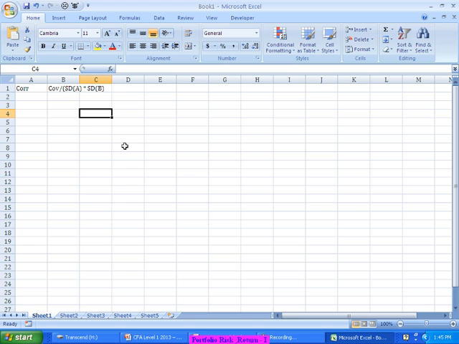Let's say I am talking about two securities, A and B. A is giving a return of 20% and B is giving a return of 30%.